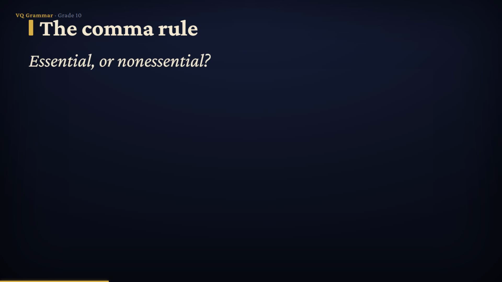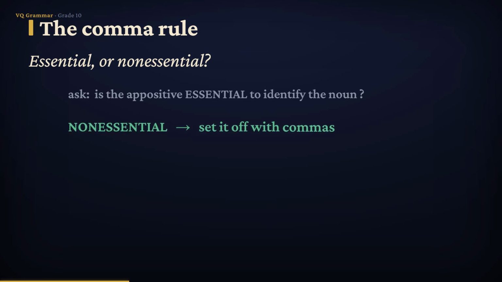Here is the punctuation rule, and honestly, it's the whole reason this lesson exists. Before you reach for a comma, ask yourself one question. Is the appositive essential to identify the noun? If it is not essential, if the sentence already points to exactly one person or one thing without it, then the appositive is bonus information, and you set it off with commas. My sister, a pilot, flies cargo planes.